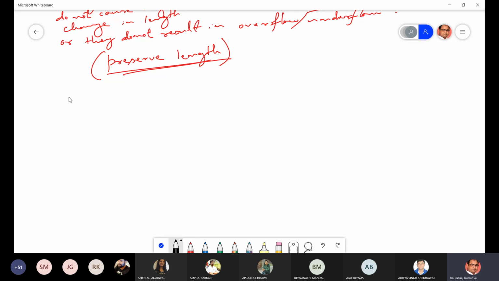There was a mathematician called Householder. Householder reflection starts with the identity matrix, U transpose U, which is equal to 1.